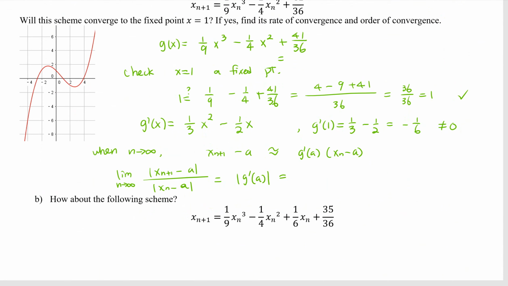In this case, that number is 1 over 6. So the order of convergence is 1 and the rate of convergence is 1 over 6. So we get linear convergence in this case. So far so good, everybody?